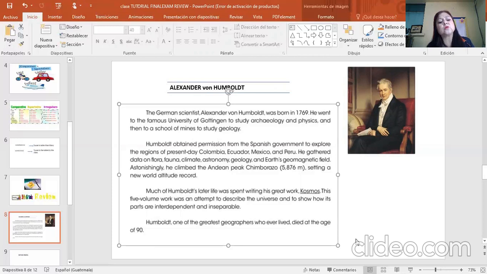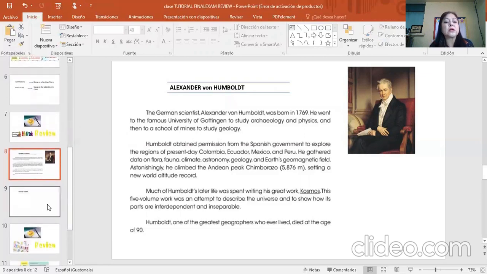This is a main idea too, so you can underline this information. So in these four paragraphs, we have the information to review, to read and reread, to know about Alexander von Humboldt in general for your knowledge in your exam.